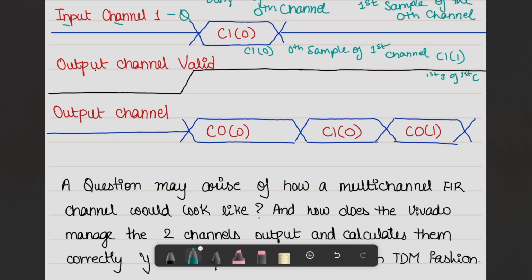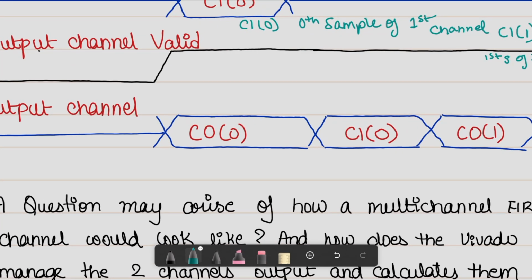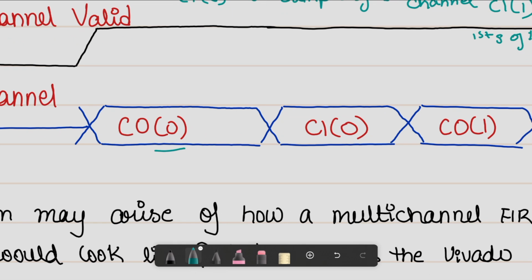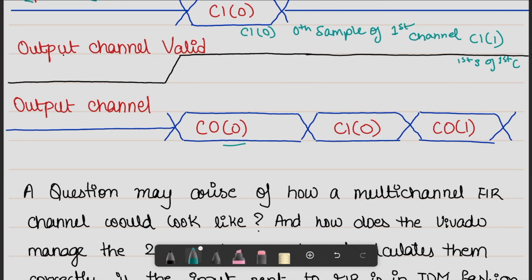It would be in this particular fashion: C00, which stands for 0th sample of the 0th channel, C10, which is the 0th sample of the first channel, and C01, which is the first sample of the 0th channel. This concept of interleaving is known as TDM or time division multiplexing.